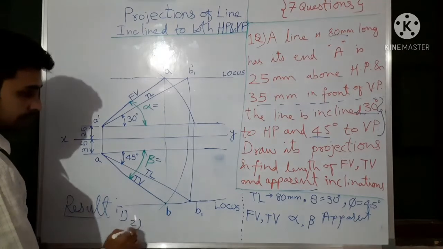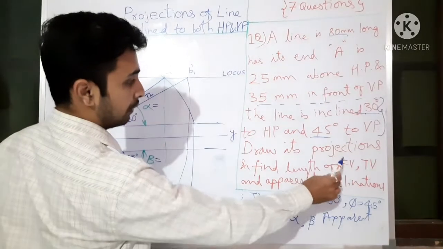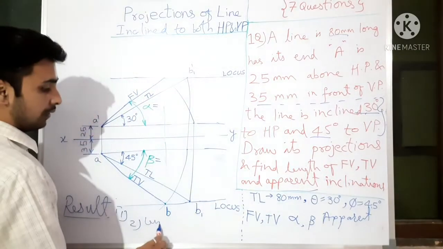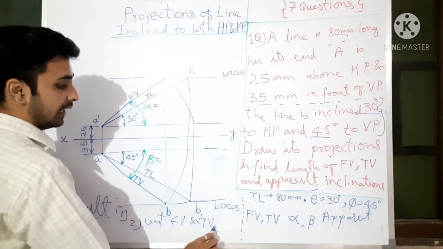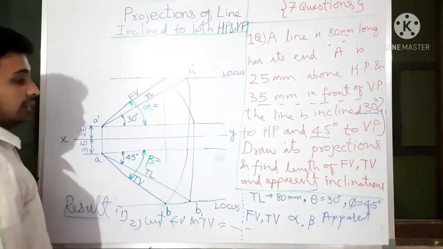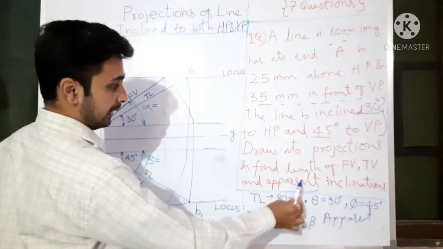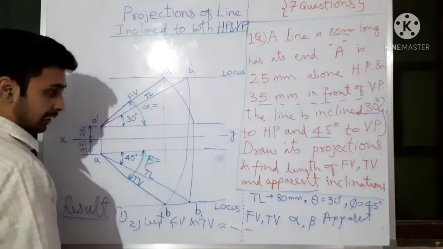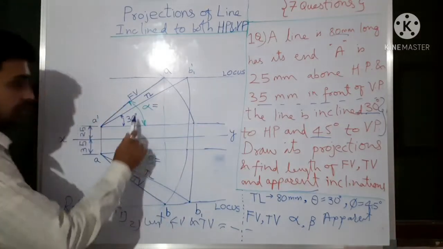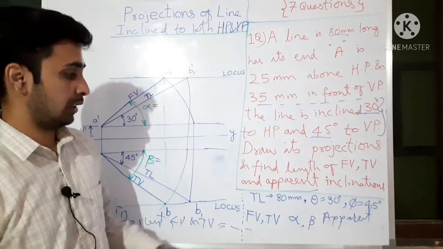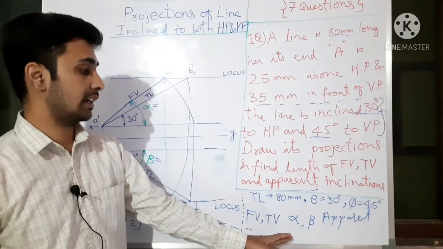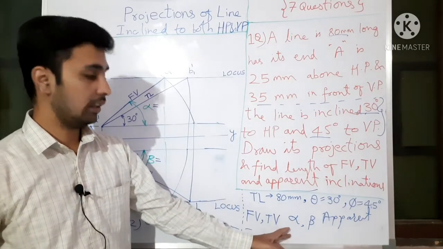Second point, find the length of the front view and top view. You can write each length. Then they asked for apparent inclinations. Apparent inclinations means alpha and beta, which is here. Apart from this some other notations will be there, distance between projectors, and that we will see in the further questions.